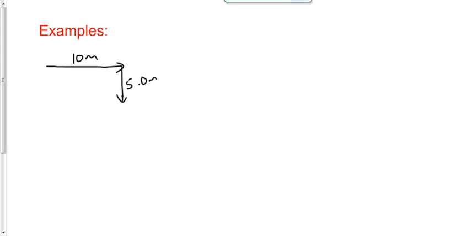And then maybe we're walking after that 20 meters at 30 degrees. 30 degrees what of what? This would be south of east. That angle is measured from the east axis. So it's south from the east. We're going below the east, or south from the east, or south of east.